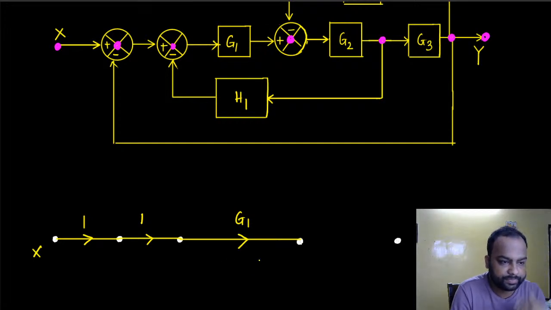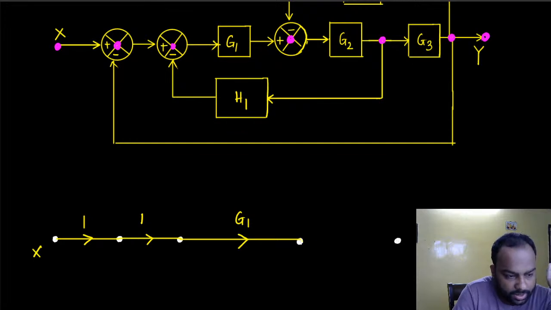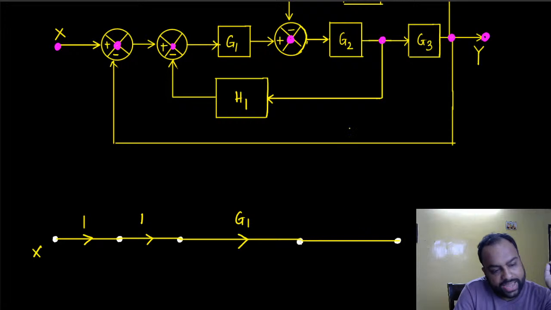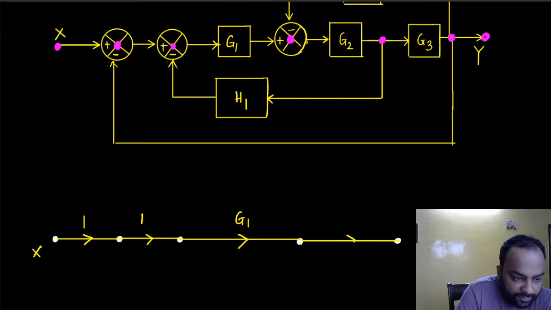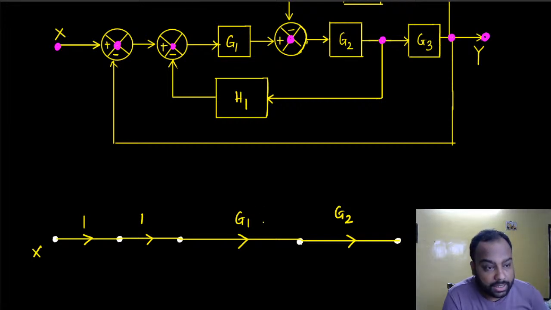All right, things are becoming pretty clear right now. Then we have a similar connection between these two, and again whatever comes out of this gets multiplied by G2 and is fed to this point. So we have G2 here. Similarly look at this point.